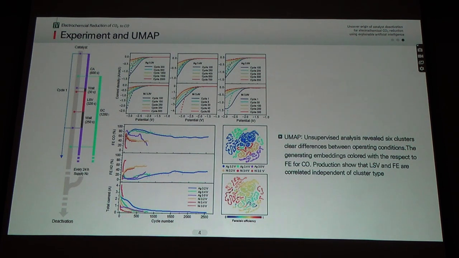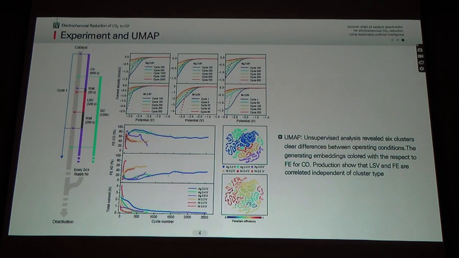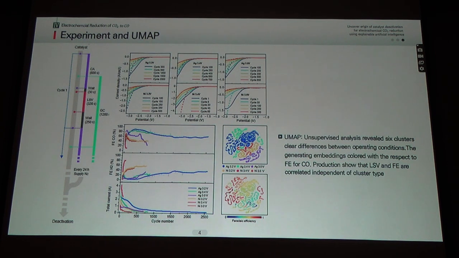What I mean by LSV is linear sweep voltammetry, a measurement for catalytic activity. Our neural network can understand the nitrogen LSV curve, and basically the nitrogen LSV curve can reflect the CO2 LSV curve. That's why our prediction is quite high.